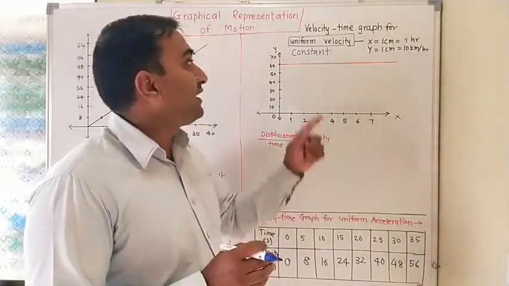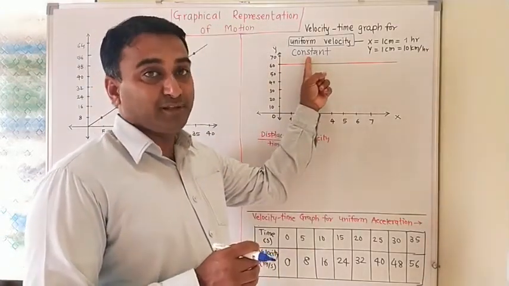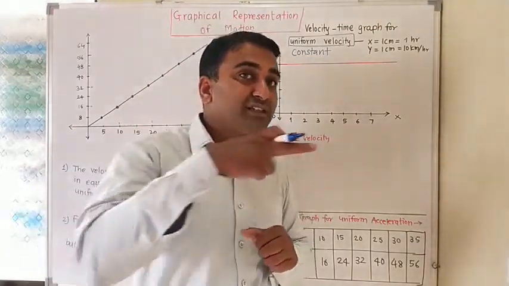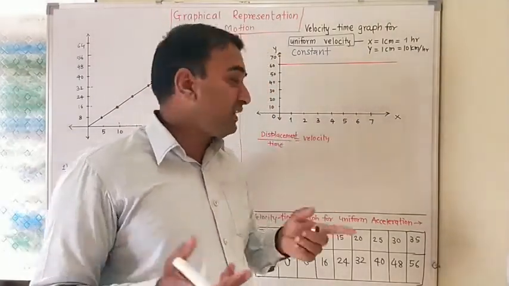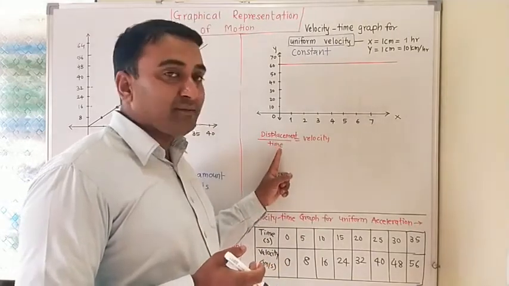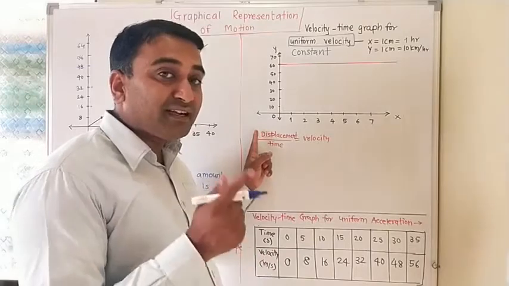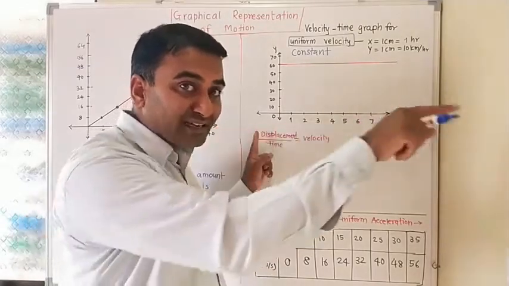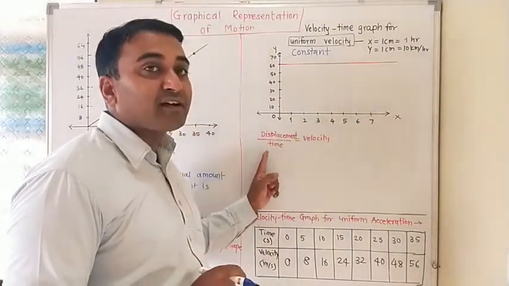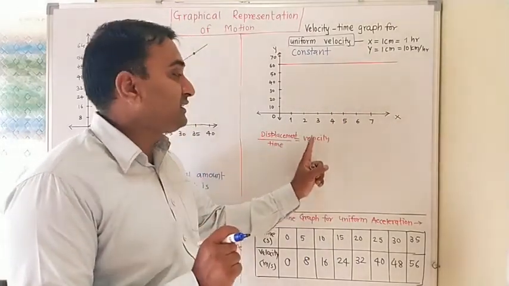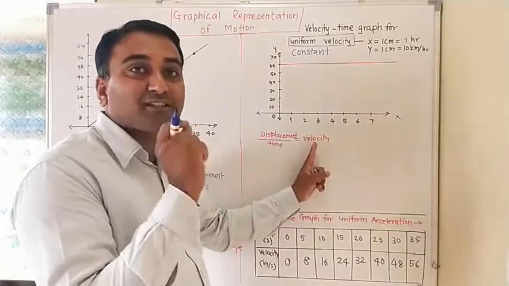That means it is a constant velocity. And when constant velocity is there and if motion is linear, definitely displacement divided by time is equal to velocity, and displacement, that is distance for the straight line. Distance time graph is a straight line. That means for uniform velocity, this graph is also a straight line.